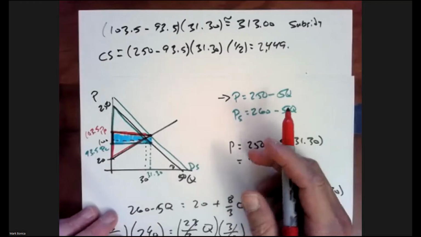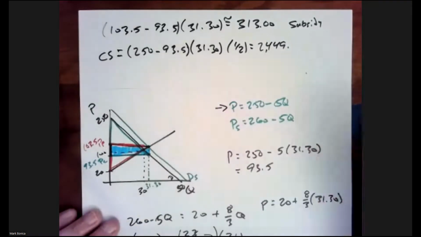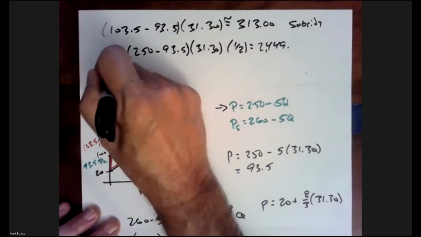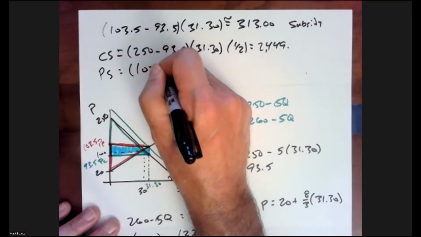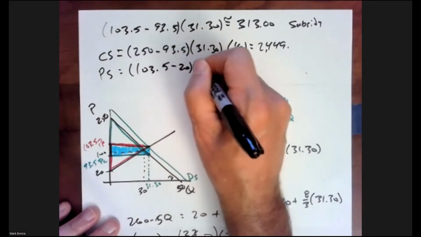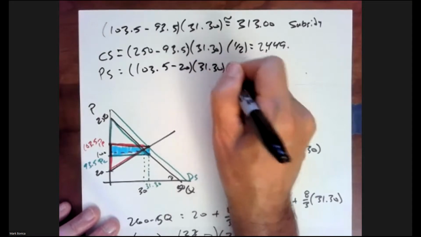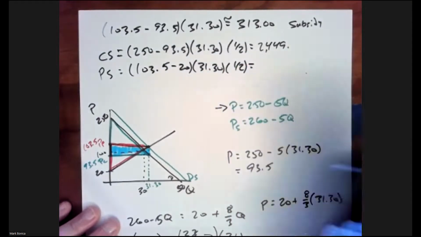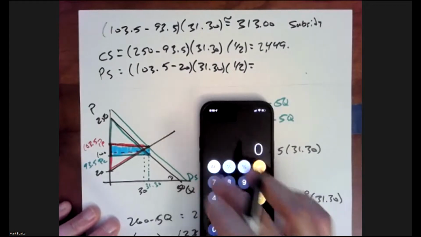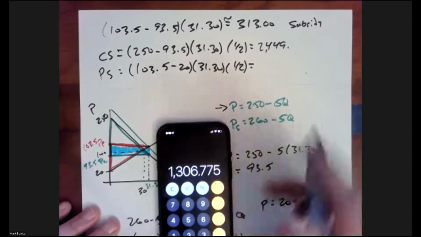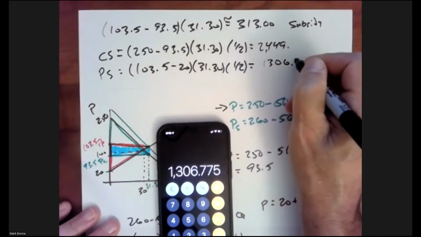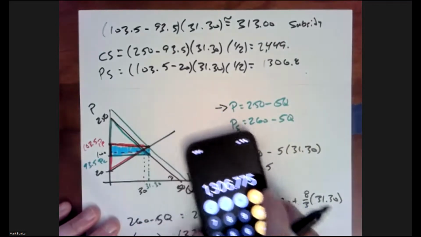So the producer surplus is equal to the height of the triangle, 103.5 minus 20, times the width, 31.3, times 1/2. 103.5 minus 20, 83.5 times 31.3 divided by 2 gives us 1306.8-ish. So 1307, let's say.